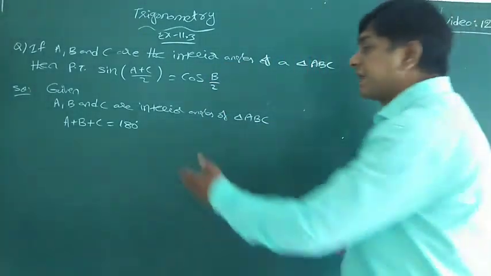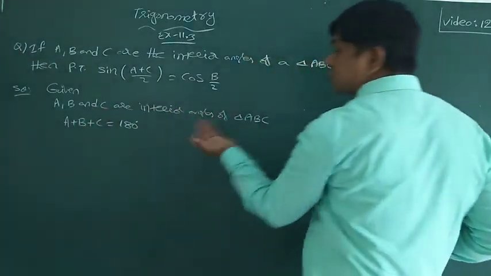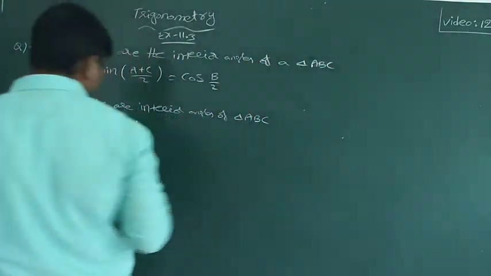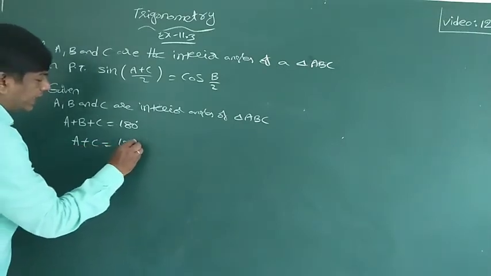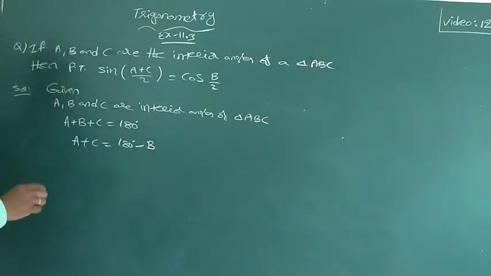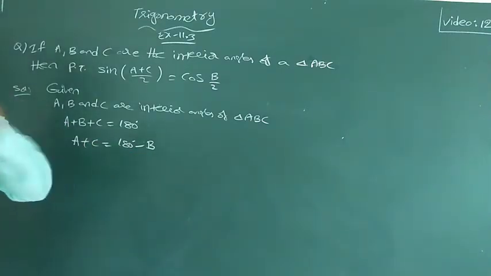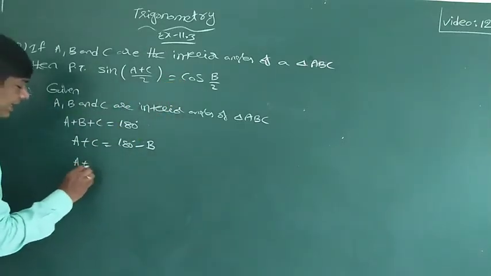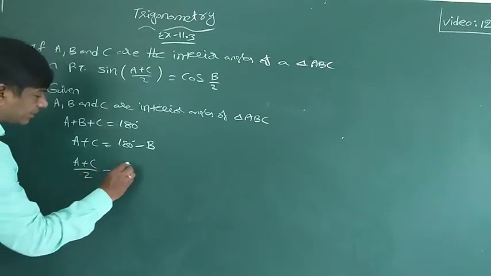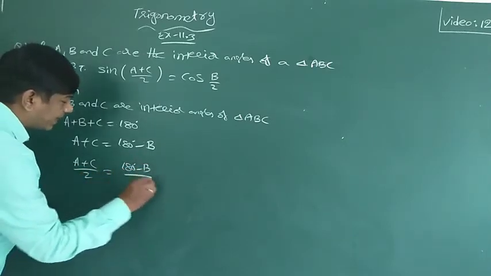So I transpose B to the right side, because I require angle B on the right side now. A plus C is equal to 180 degrees minus B. Now divide by 2, because I need B by 2. Then A plus C by 2 is equal to 180 minus B by 2.